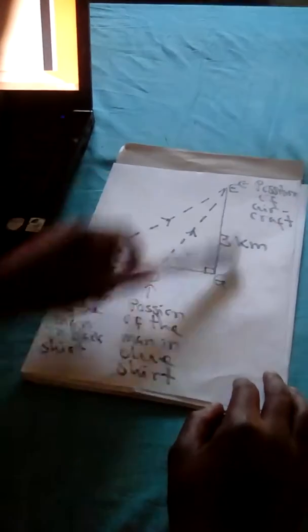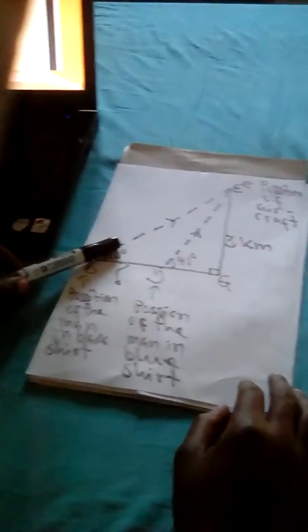The eyes of the two men are making angles of elevation with the aircraft. This man is making an angle of 41 degrees with this aircraft, and this man is making an angle of 20 degrees with this aircraft. The diagrammatic representation of this real life situation is shown in this diagram here.